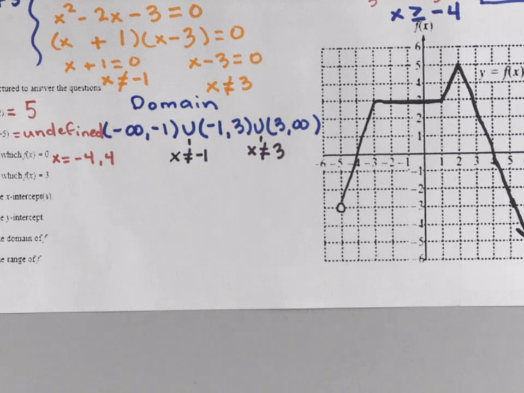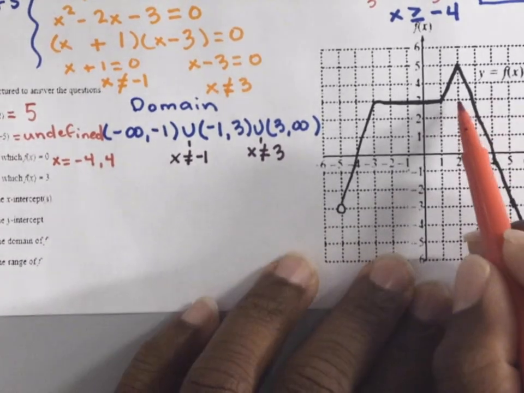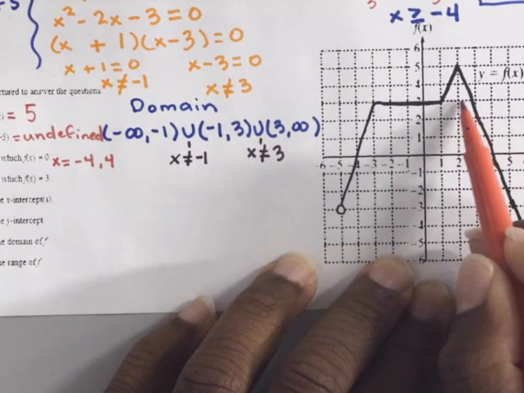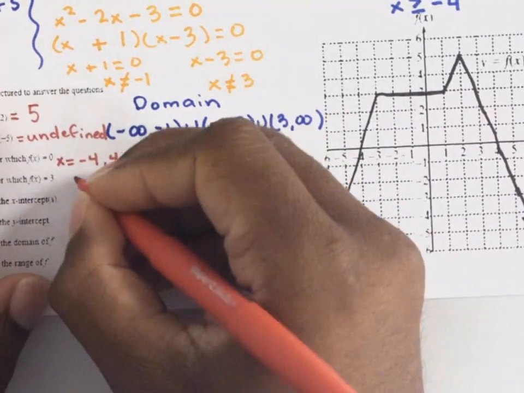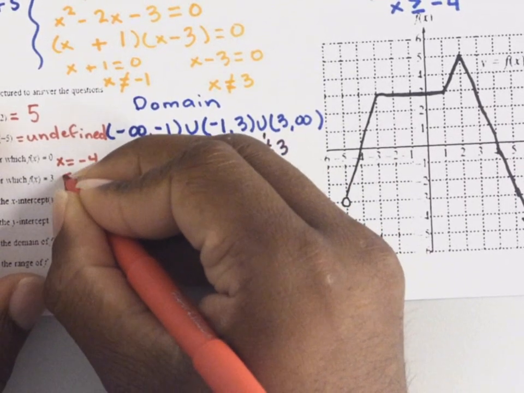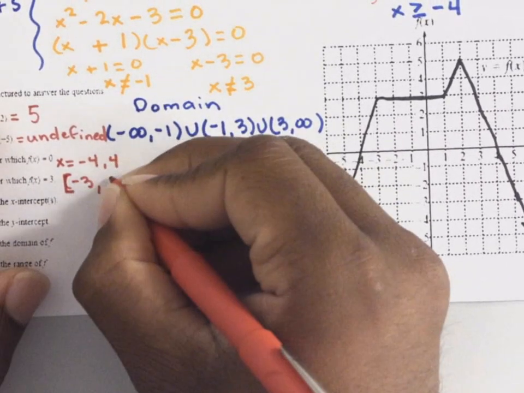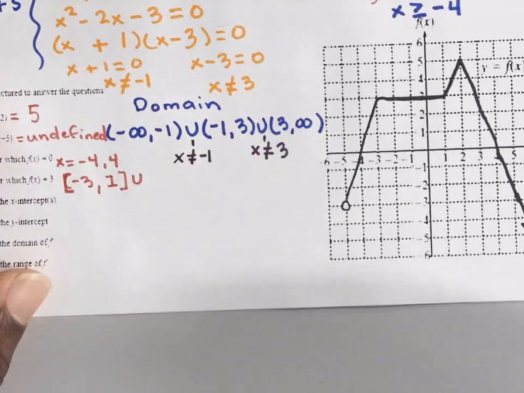And then I would add in this one, and we would just approximate it. So I would say from -3 until we get to what number? Well, it does kind of stop up in here, at 1. So I would go from -3 to 1. And then we have one specific point.